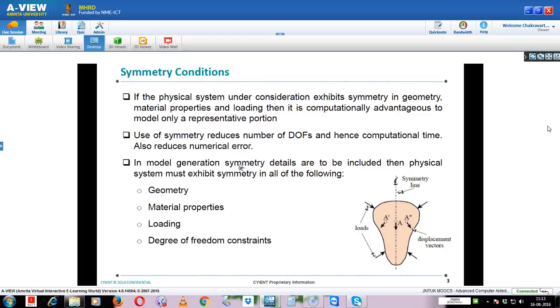One of the advantages of using symmetry conditions is we can reduce the degrees of freedom, or we can reduce the model size, problem size, which in turn decreases the computational time.